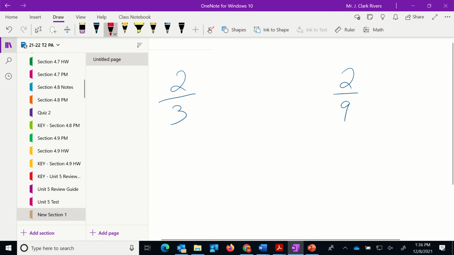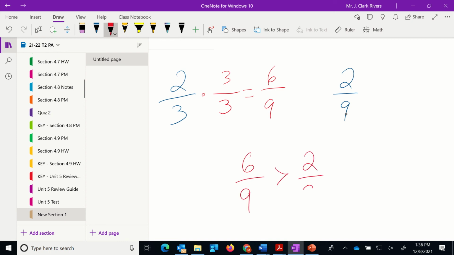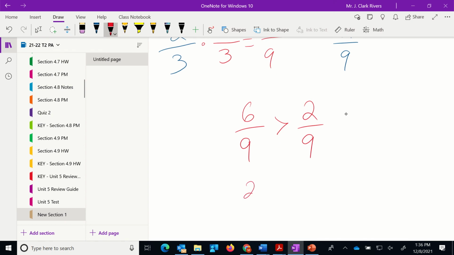The LCD is 9. So we're going to multiply by 3 over 3, and we get 6 over 9. This is already over 9, so 6/9 is greater than 2/9, which is to say 2/3 is greater than 2/9. So there you go. That was Alice, I believe.